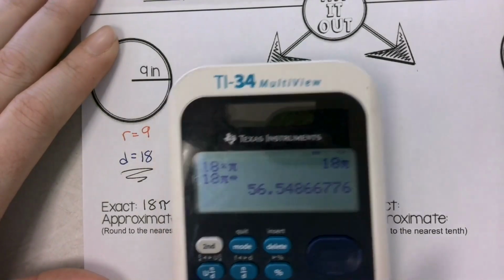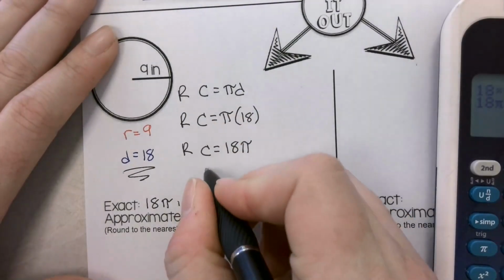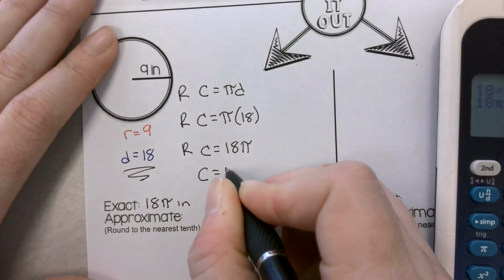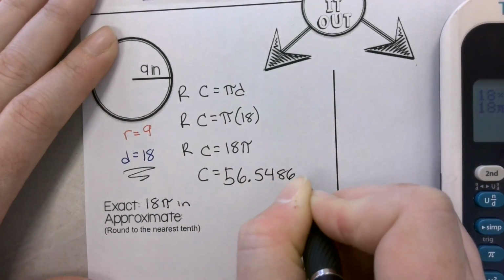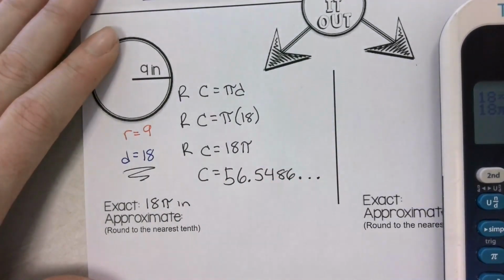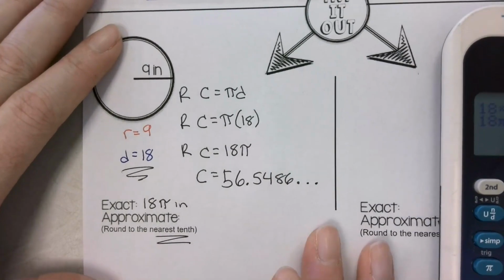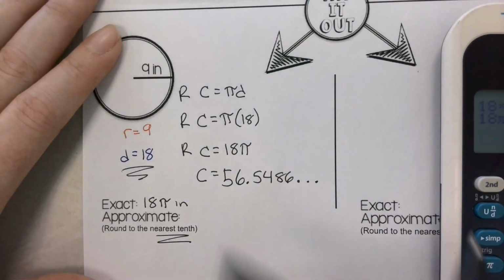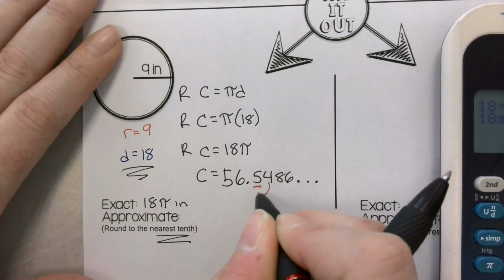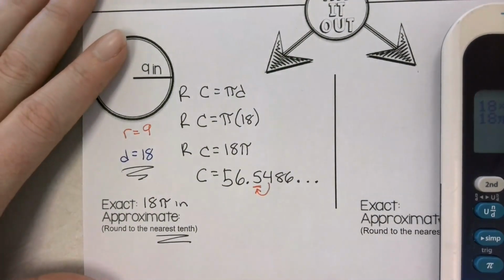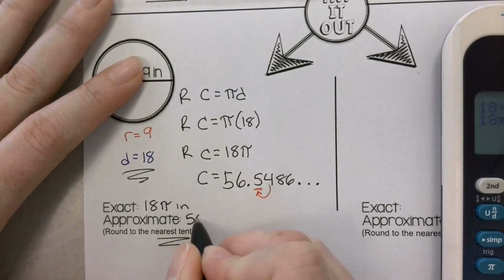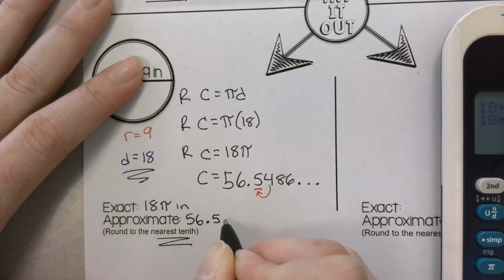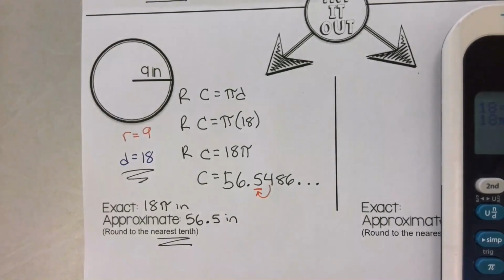Double arrows, and we get that lovely decimal of C equals 56.5486... Our approximation here asks for the nearest tenth, so we're going to look to our tenth place and look behind it. The 4 tells the 5 to stay a 4 or become a 6. Stay a 4. So our approximation is 56.5 inches.